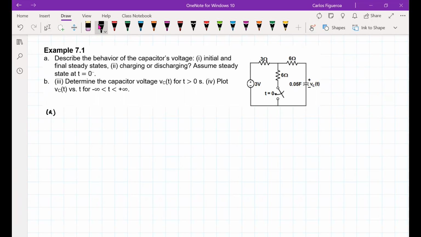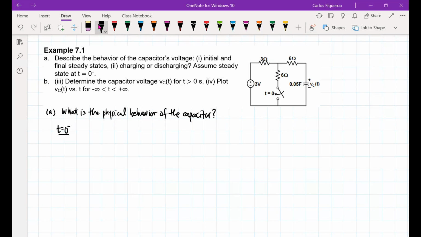So we want to ask the question, what is the physical behavior of the capacitor? When I look at this initially, I have t equal to 0 minus.